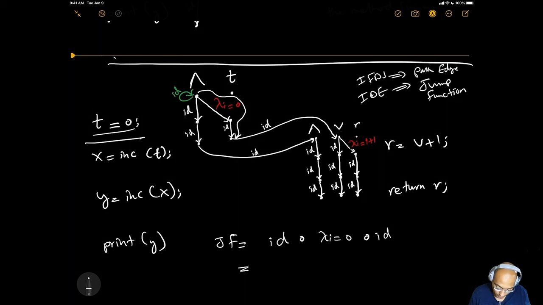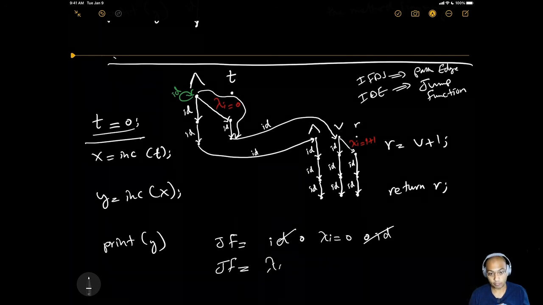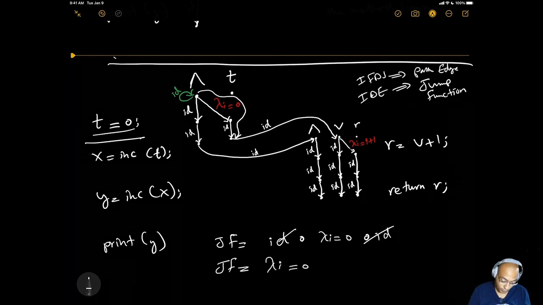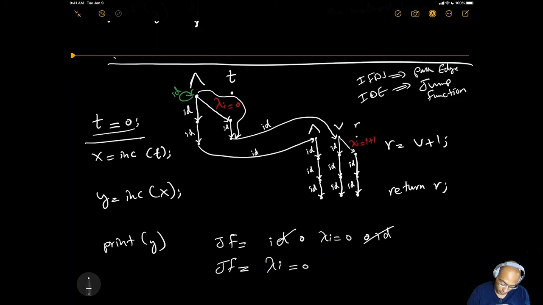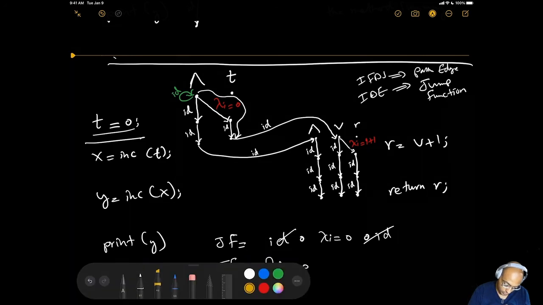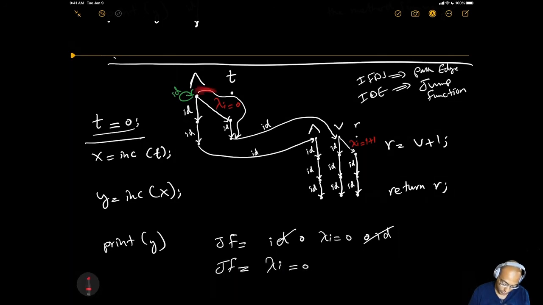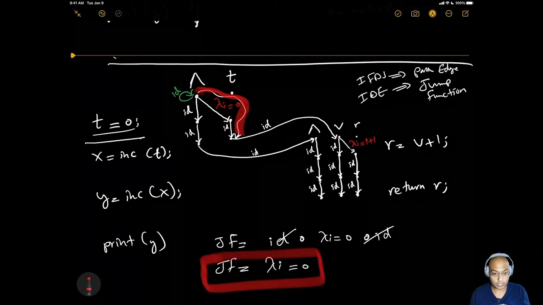So our jump function here would be lambda I equals 0. If I want to represent this path, which I'm going to highlight in red, this is the jump function that represents it. So I can eliminate all these edges and just have one jump function that says lambda I equals 0.